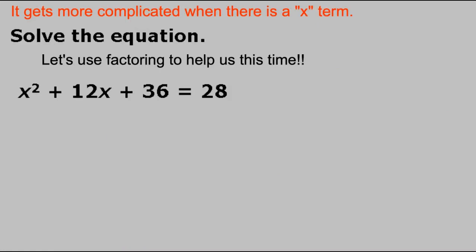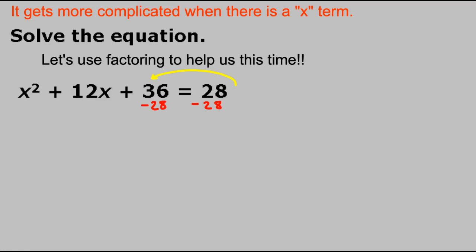This one is kind of an interesting problem, and I didn't really notice right away what happens in this problem, so I'm just going to take you through how I would do this one normally. If we have a quadratic equation, it's pretty common to set it equal to 0. So that means minus the 28 from both sides, right?